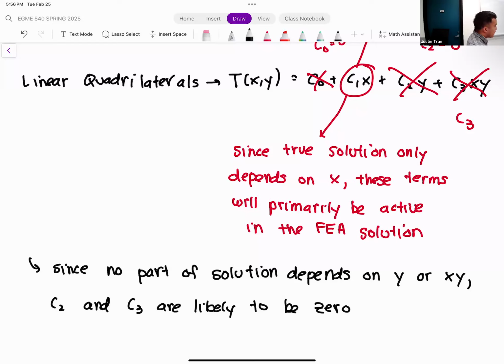And so even though C2, C3, and C0 are all likely to be 0, the computer is still going to expend some effort to actually solve for their values.